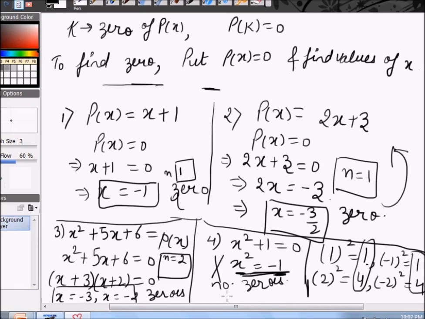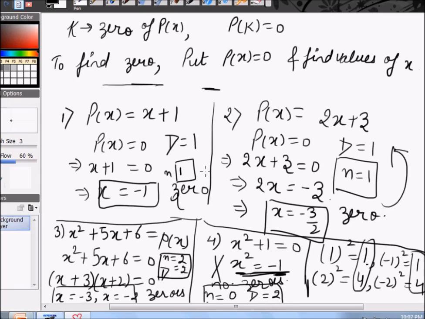Here we have no zero, that is n equals 0. Thus, if we find the degree of all the polynomials, we will see here the degree, that is the highest power, is 1. Here the degree is again 1. Here the degree is 2. Here the degree is 2.